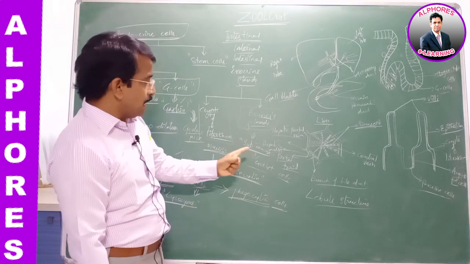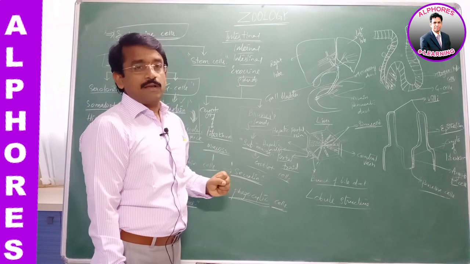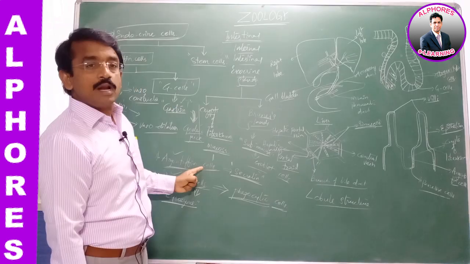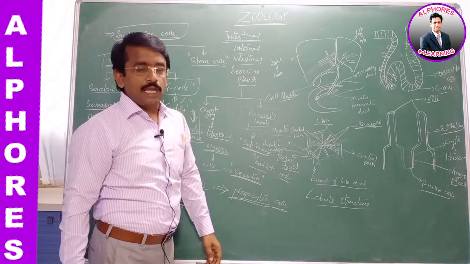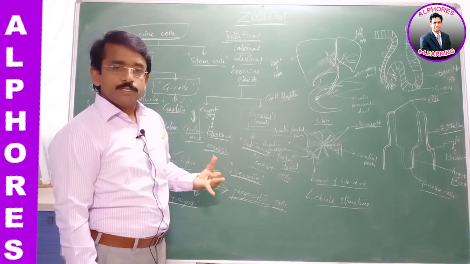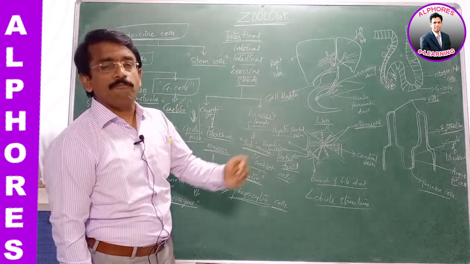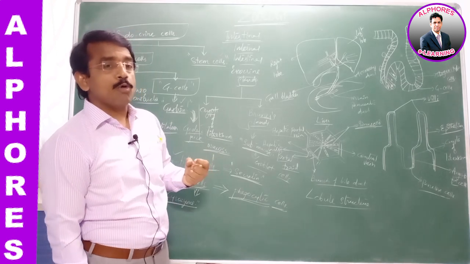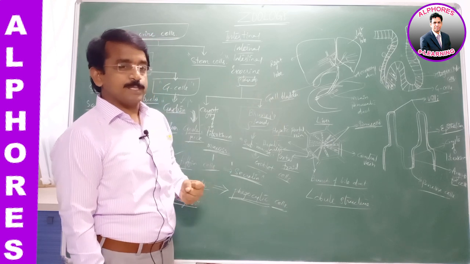So the Brunner's gland secretes the mucus. That forms in the mucosa region, which is not only here but in the entire alimentary canal, for lubrication as well as smoothing and allowing the flow of the food from one part to another, and also trapping the bacteria and microbes, thereby making them available for phagocytosis.